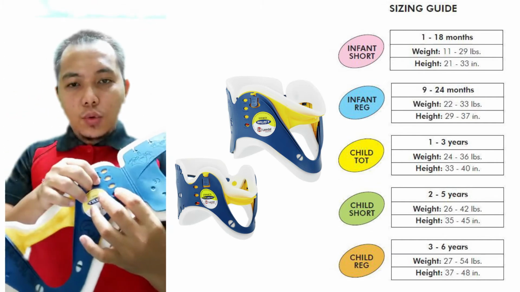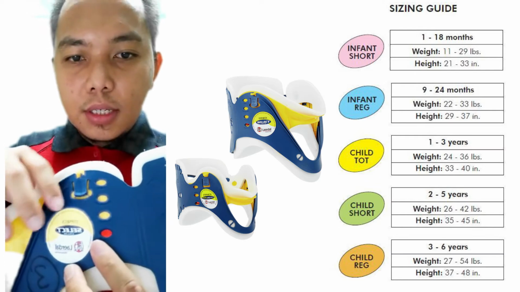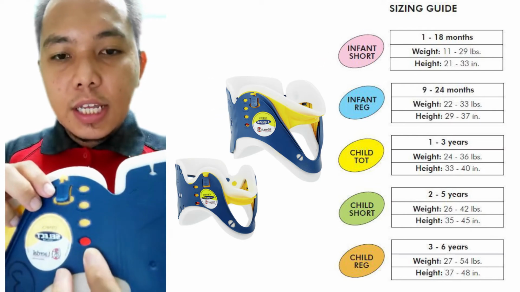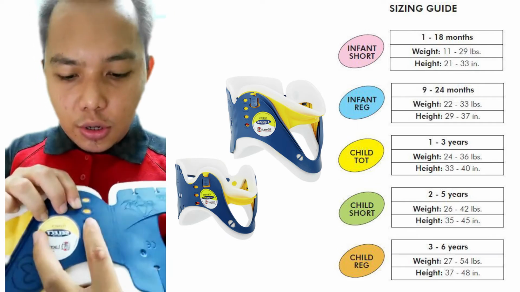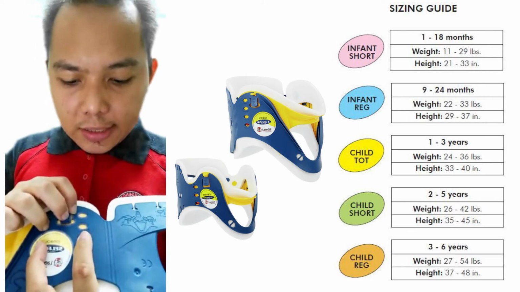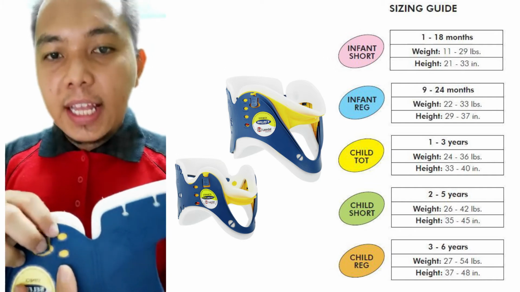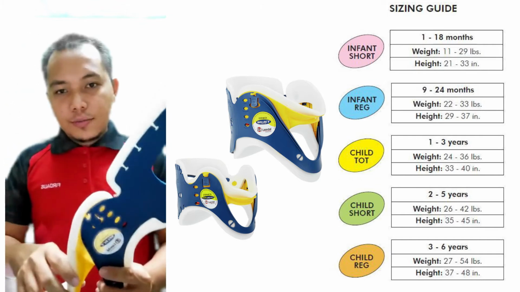With the adjustable, it is all about the sizing measurement, whether the patient has no neck, a short neck, a regular neck, or last but not least, a tall neck. Then we go on to the measurement.